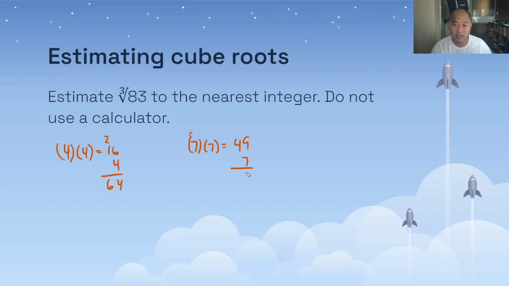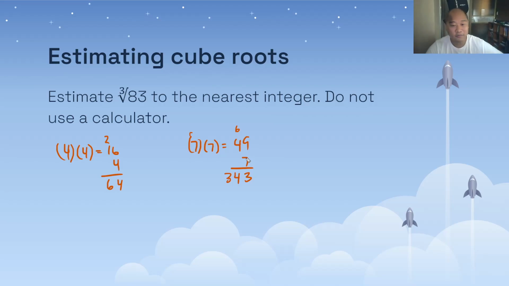Let me check myself on the calculator. Yeah, 343. And as you can see, 83 is between these two numbers.